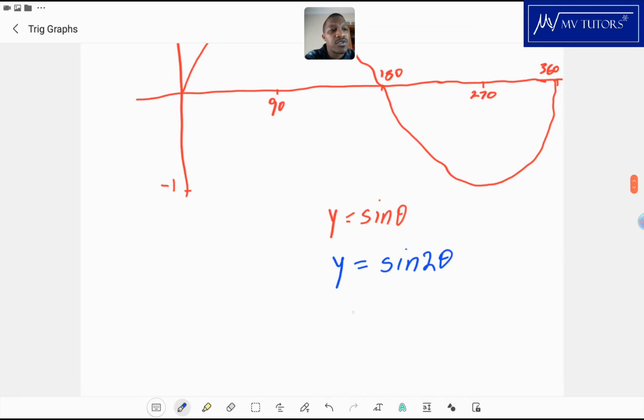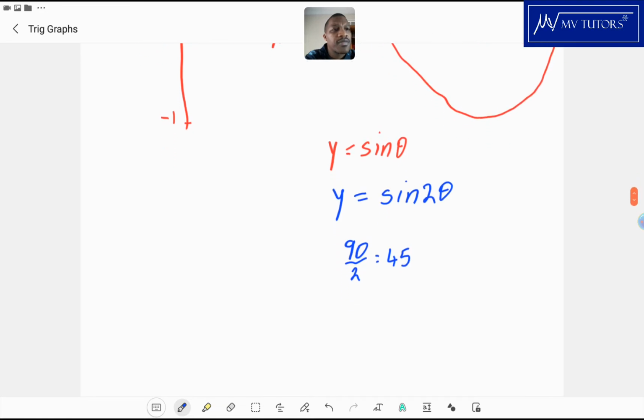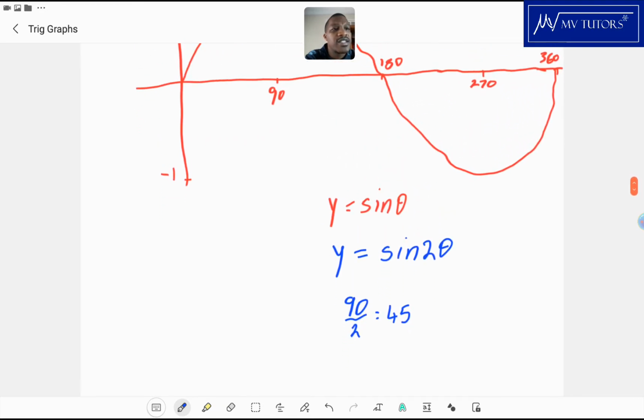You will take 90, the first number, which is 90 degrees, divided by 2, and that's going to be equal to 45. The next number is 180, so we'll take 180 divided by 2, and you get 90. The next one is 270, so you'll take 270 divided by 2, you get 135.